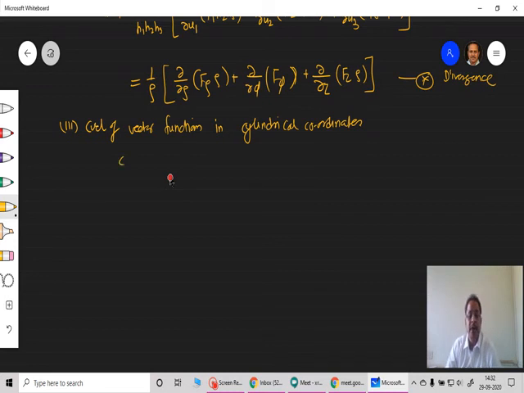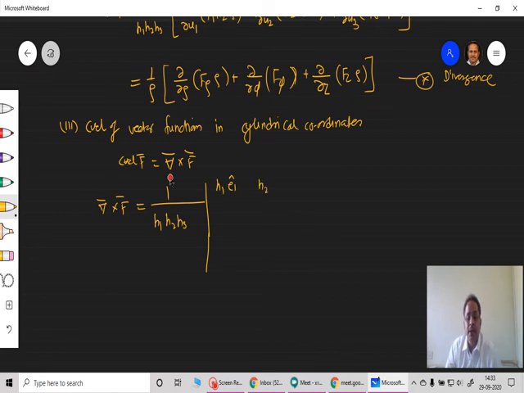It is given by curl f = del cross f, and we know that in a curvilinear coordinate system, del cross f is given by 1 upon h1 h2 h3, the product of all scale factors. Then my first row was h1 e1 cap, h2 e2 cap, and h3 e3 cap. This is a determinant.